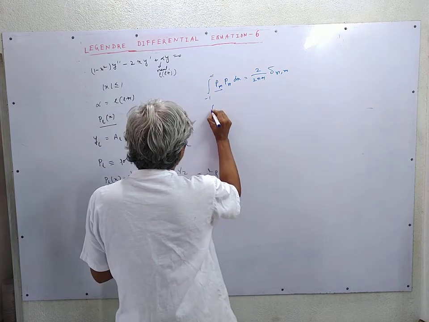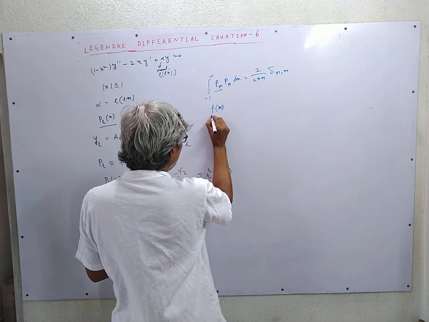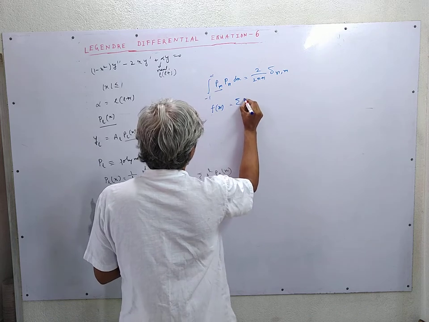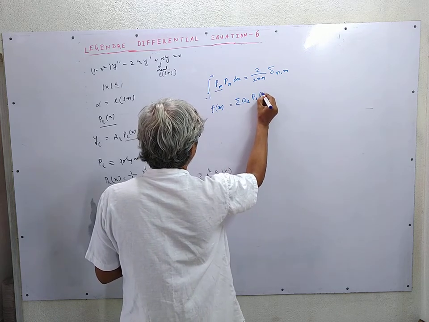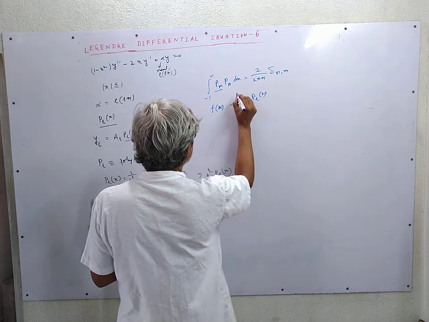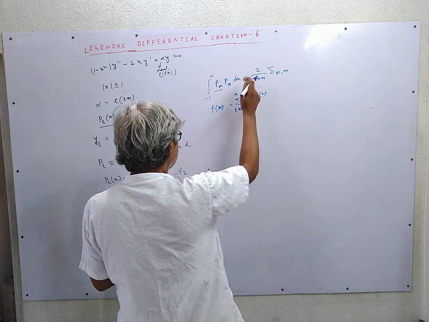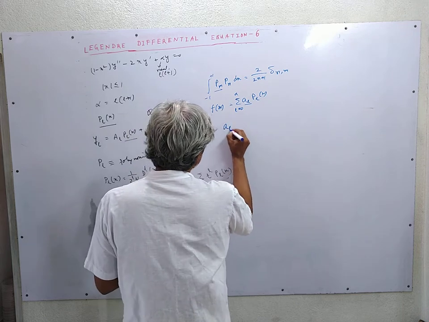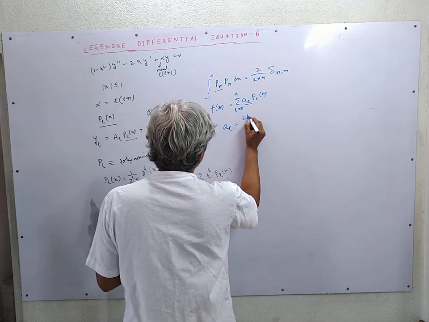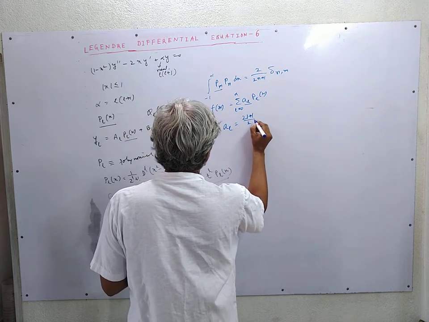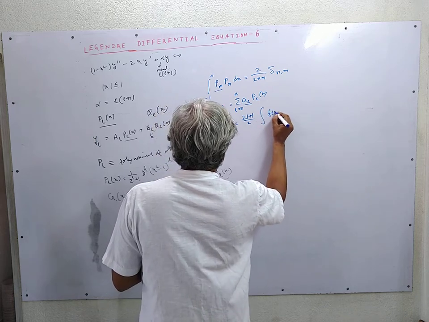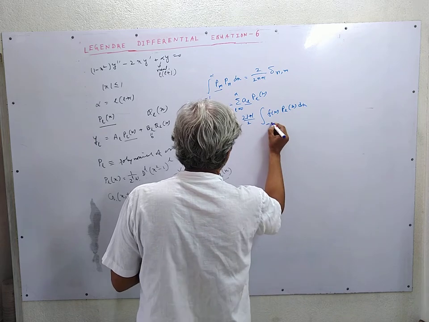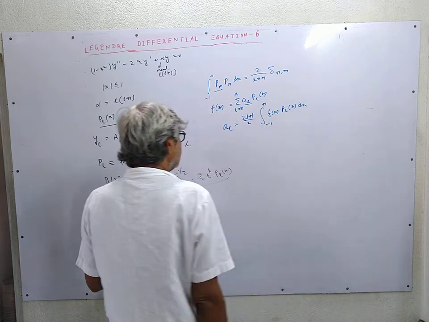So we can expand a function in the region ±1 as the sum of AL PL of x, L equal to 0 to infinity. The orthogonality relation readily allows us to find AL as AL equal to (2L plus 1) by 2 times the integral of f of x PL of x dx from -1 to +1.